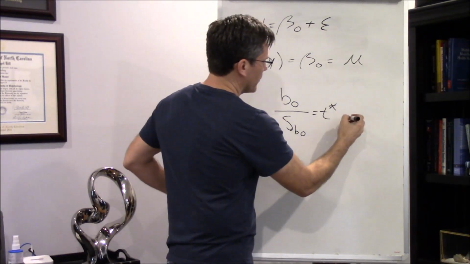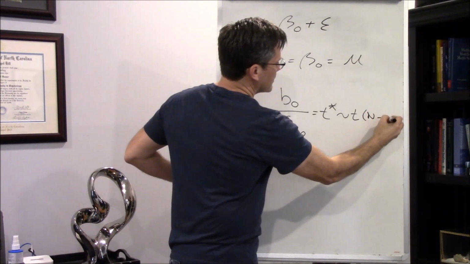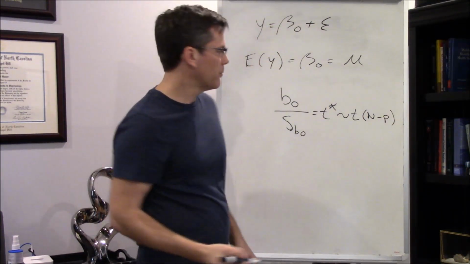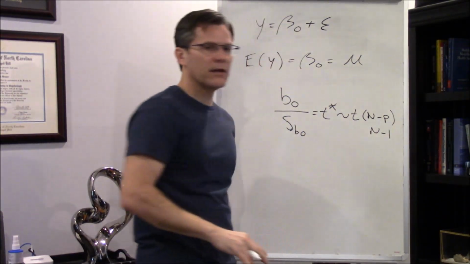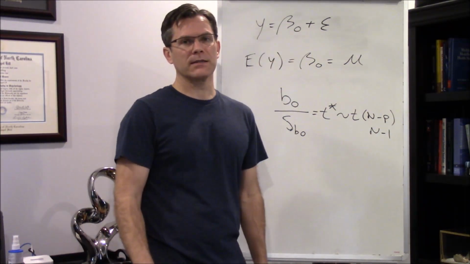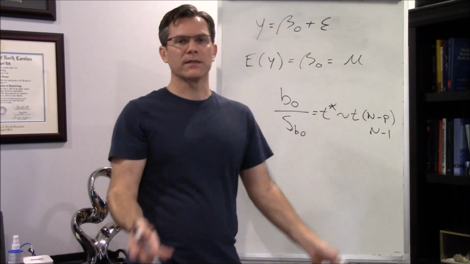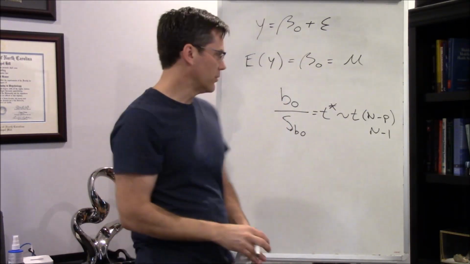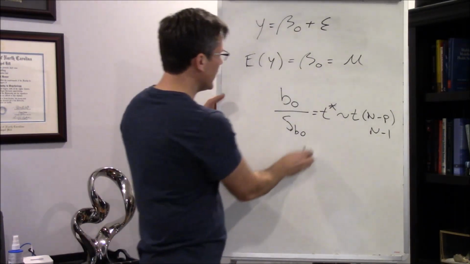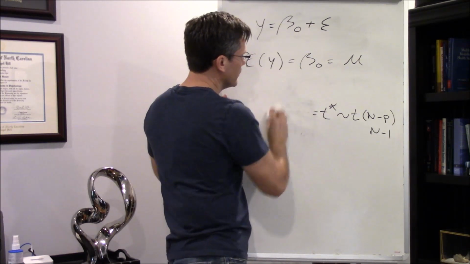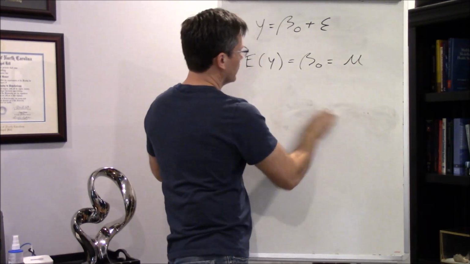If you remember from prior episodes, that's distributed as a t with n minus p degrees of freedom, where p is the number of parameters, but notice in this case that's going to be n minus 1, and we're going to get exactly the same t-test from our intercept-only regression model as we would if we did a one-sample t-test in the classical way. So that's the one-sample t-test. Now, let's extend to the two-sample t-test, where we actually do have a categorical predictor.